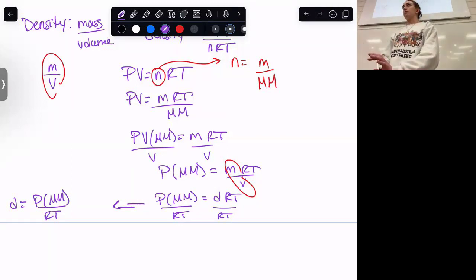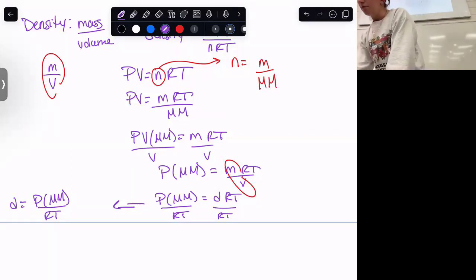Okay, any questions on PV is equal to nRT so far and the different variations? It'll be based off what's given to you in your question. So it might ask you for the identity of a gas that has a specific density. If you're looking for the identity of a gas, the best way to identify a gas is through its molar mass.